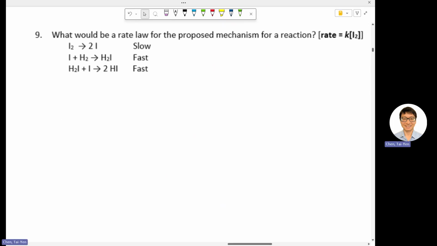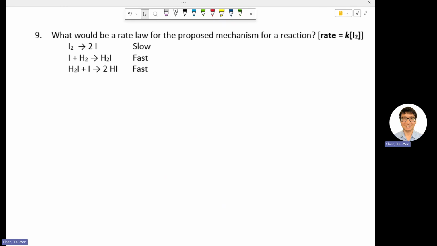Question number 9 says, what would be the rate law for the proposed mechanism below? You see 3 steps, labeled first step slow, second step fast, and third step fast.